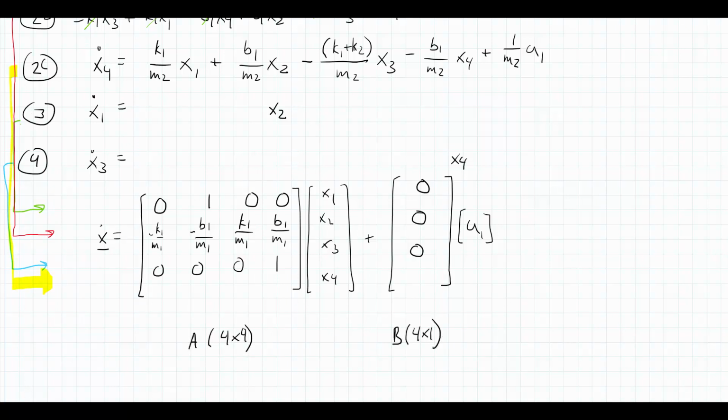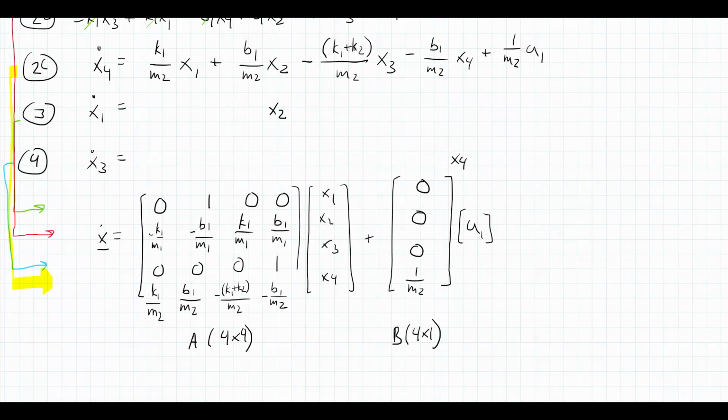So the fourth row, I'm a little bit cramped. I didn't plan quite far enough in advance here. I will transcribe 2c into my fourth row. So I have a k1 over m2 x1, a b1 over m2 x2, negative quantity k1 plus k2 over m2 x3, and a negative b1 over m2 x4. And now here I have 1 over m2 times u1.